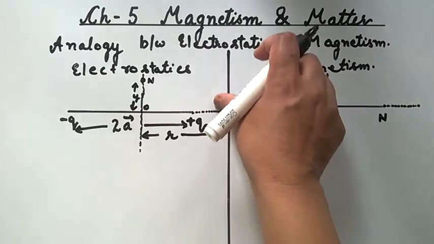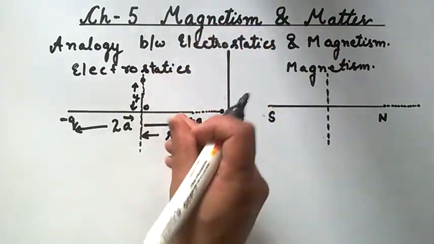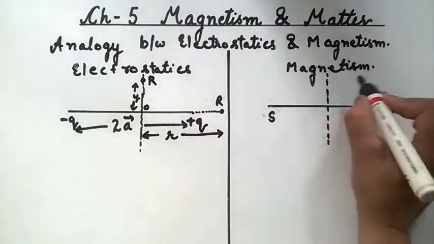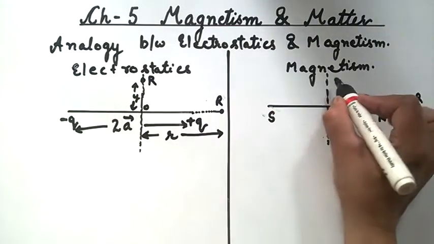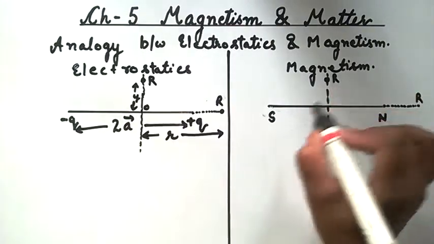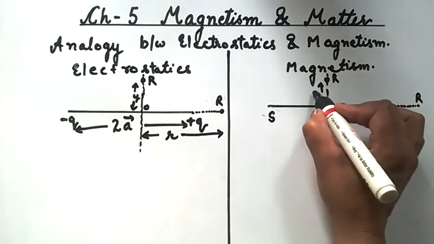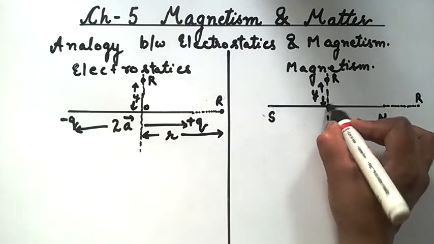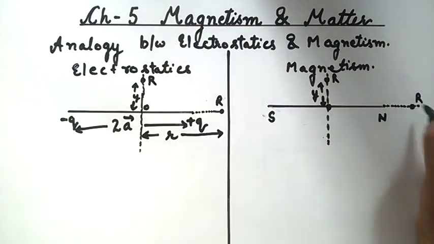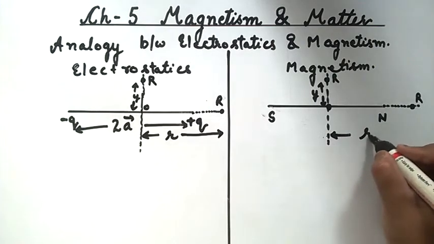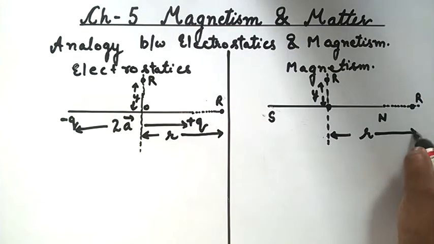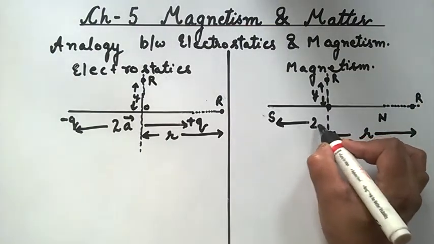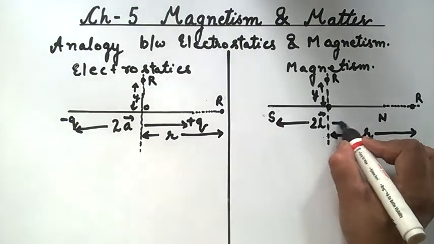Take it as different point, let it be r and r on equatorial line as well as on axial line. The distance from the midpoint of the magnetic axis is y. Here the distance is r. The effective length is 2L. Direction is from south to north.